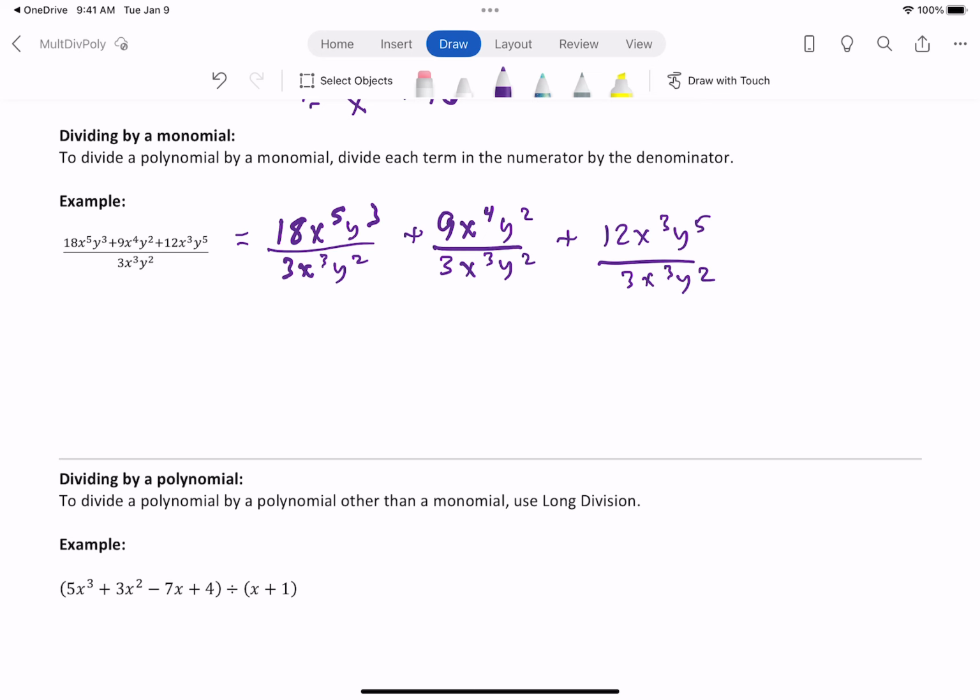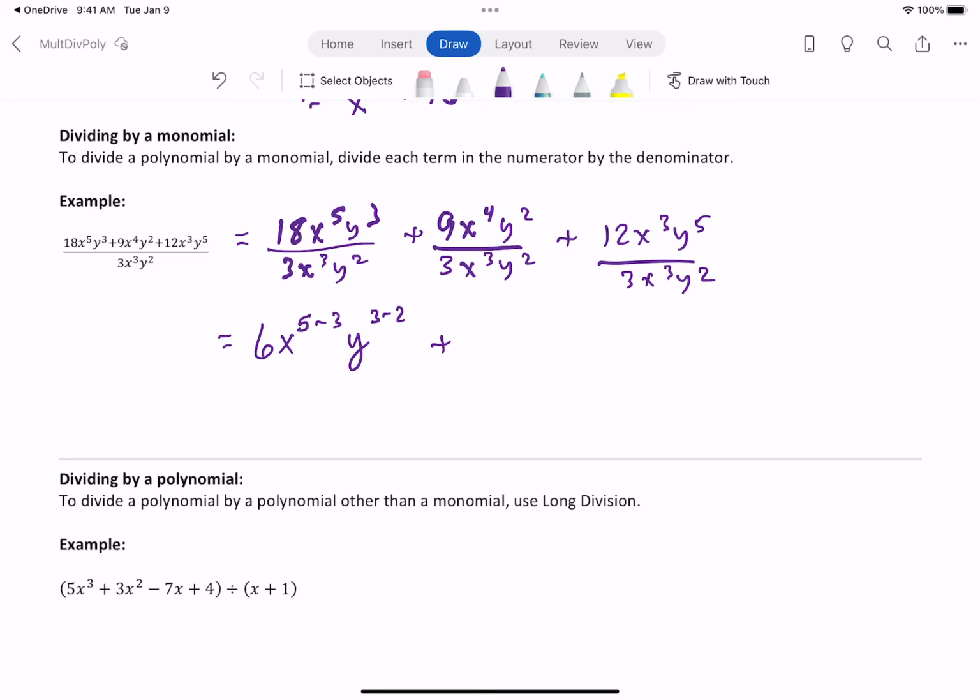And then you remember we talked about what we do if we have like bases being divided, we subtract the exponents. That's basically what we're going to do here. So for this first one, I have 18 divided by 3, where we know that's 6. And then for my x variable, we're going to subtract the 5 minus 3. And for the y, we're going to subtract the 3 minus 2.